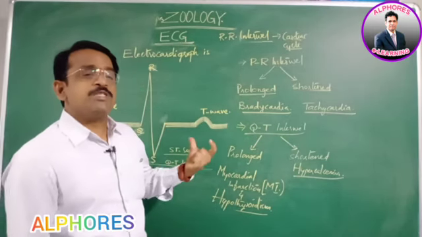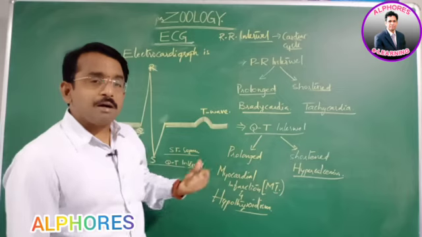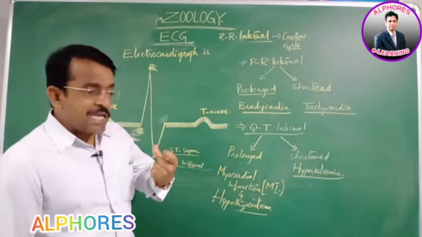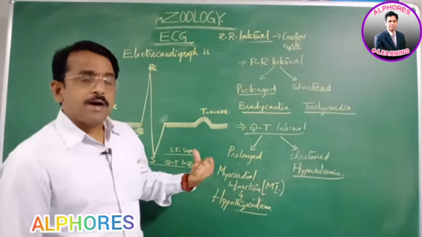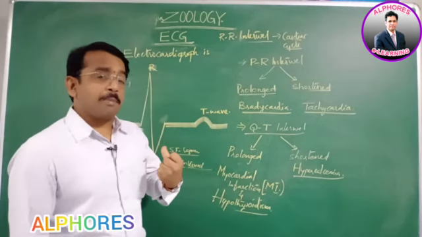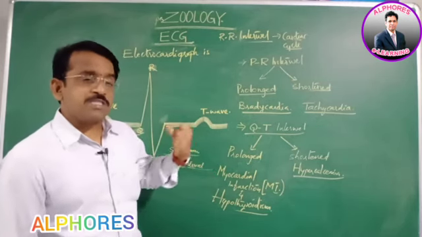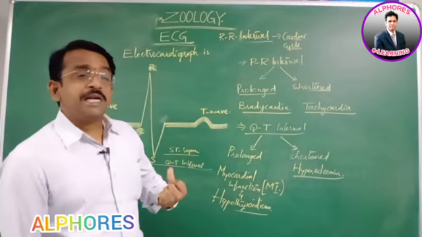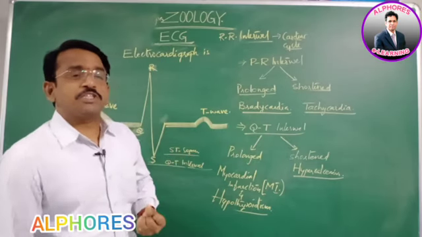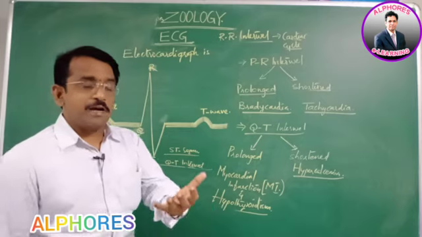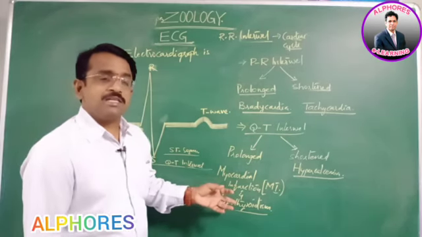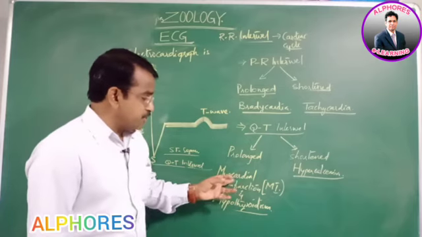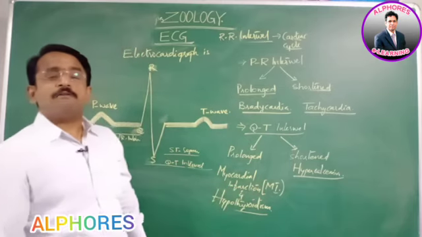As the oxygen supply decreases for a prolonged period, it leads to the death of the tissues, and finally it results in necrosis or localized death of the tissues. It is named myocardial infarction.